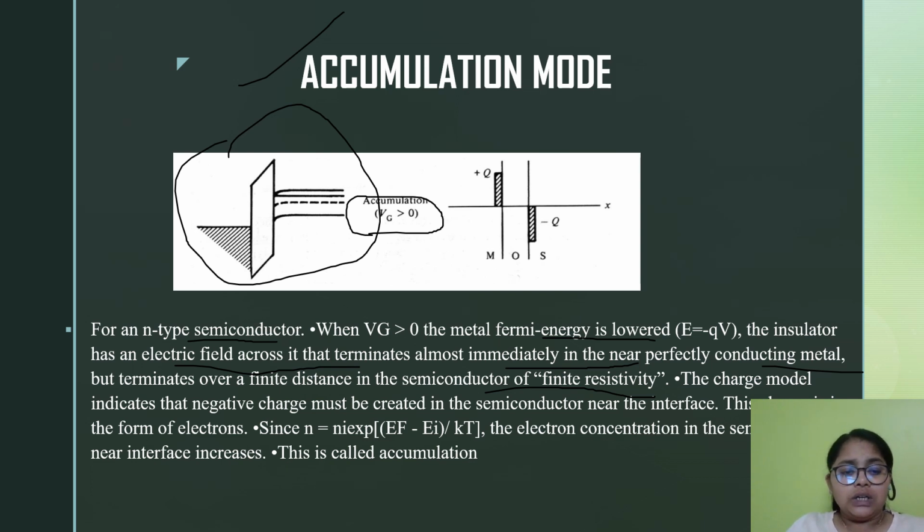The charge model indicates the negative charge must be created in the semiconductor near the interface. So since n is equal to n_i exponent of (EF minus Ei) by kT, the electron concentration in the semiconductor near the interface increases, and that is known as accumulation mode, where the electrons get accumulated near the semiconductor interface.